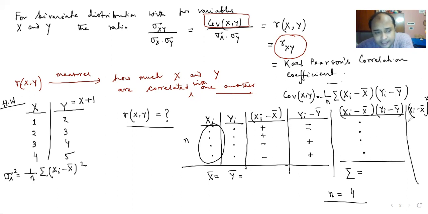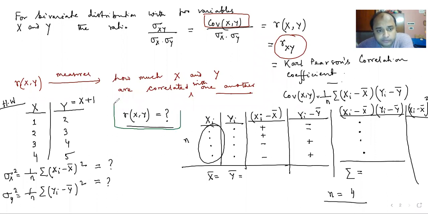Then you take the summation of that column and divide by n, and similarly you can calculate the variance of y by this formula. After you calculate all these things, you put them in this correlation coefficient formula and find out what value comes out.